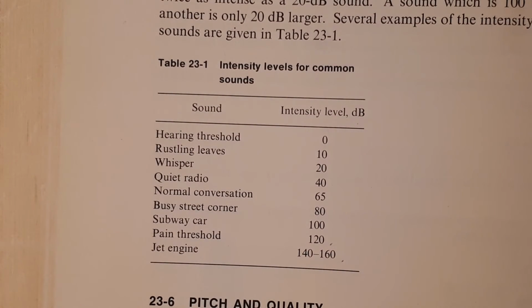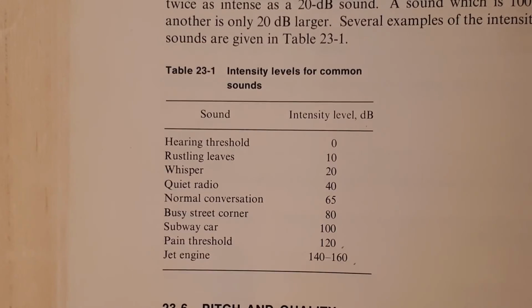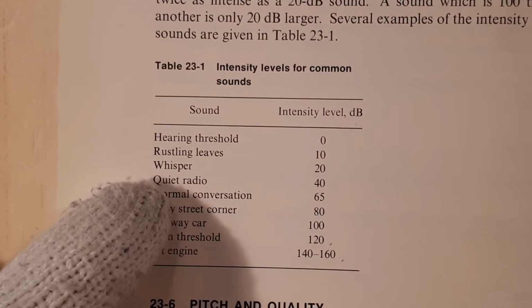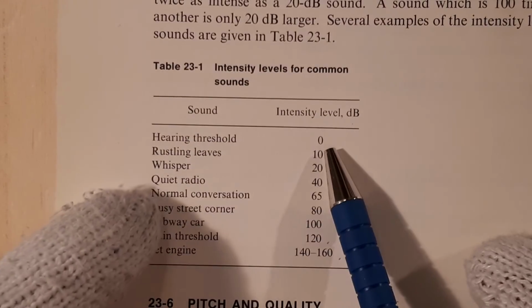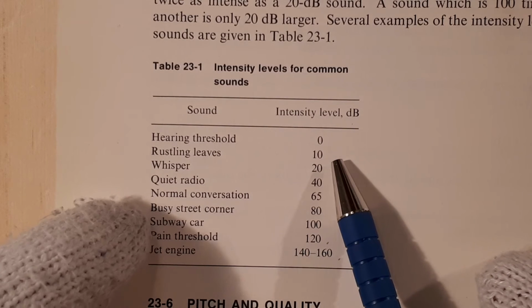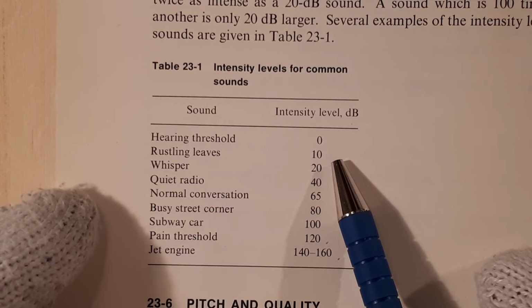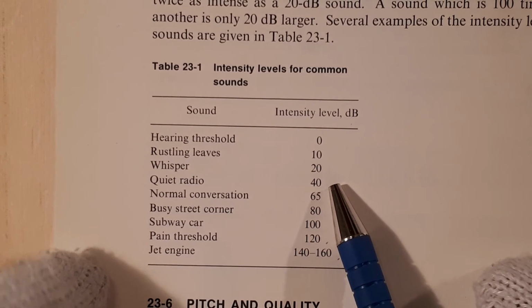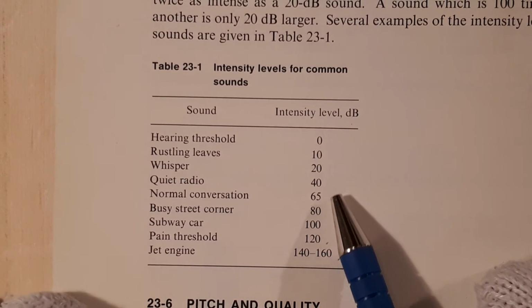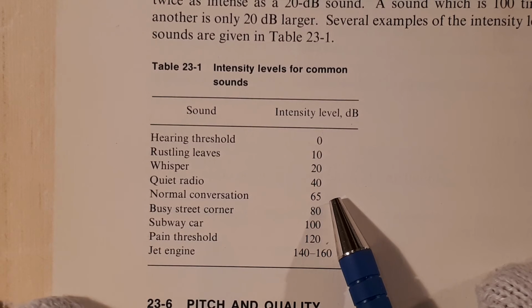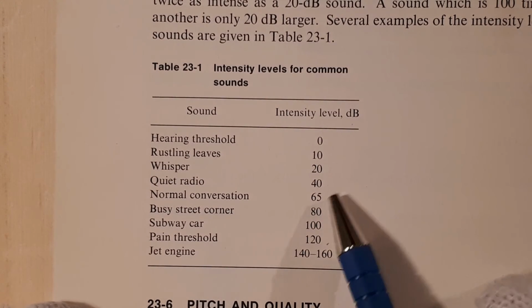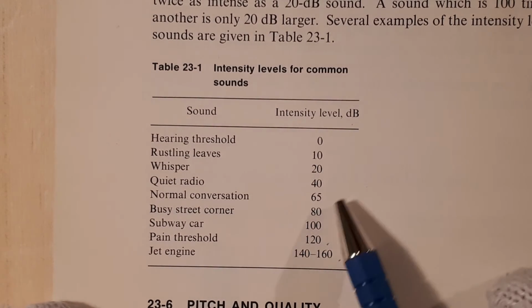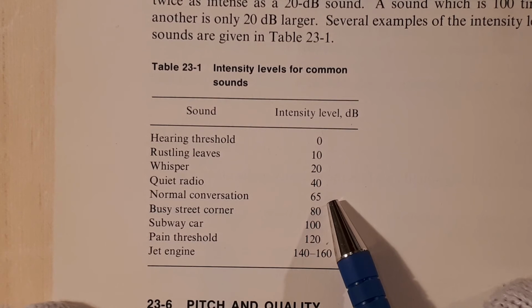So the hearing threshold, where we can't hear anything at all, in terms of decibels, is 0. Rustling leaves has the value of 10 decibels. Now, whisper, 20 decibels. Quiet radio. Normal conversation. If I had a sound level meter and I were to record the sound levels as individuals are talking, it will give me terms of decibels. 65 decibels would be normal conversation.